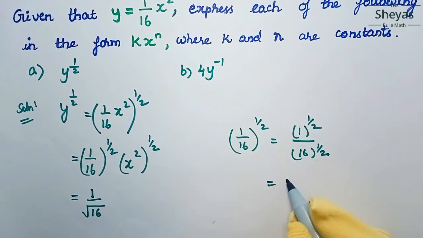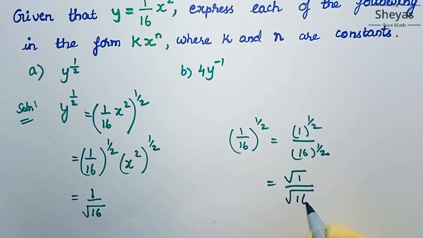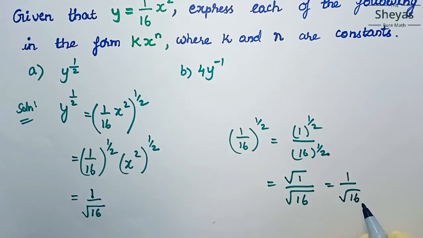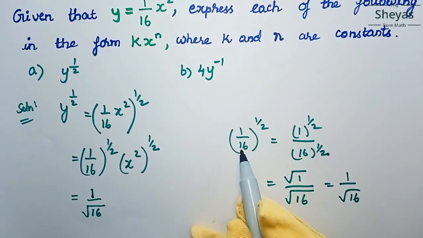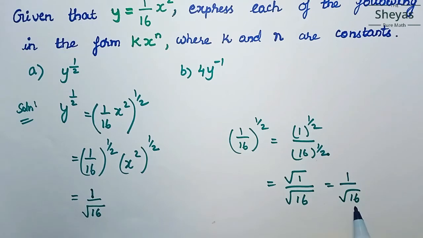So you will be getting root 1 over square root of 16. Root 1 is nothing but 1, so 1 by 16 the whole power 1 by 2 can be written as 1 by root 16.